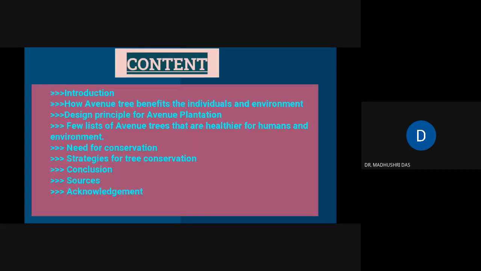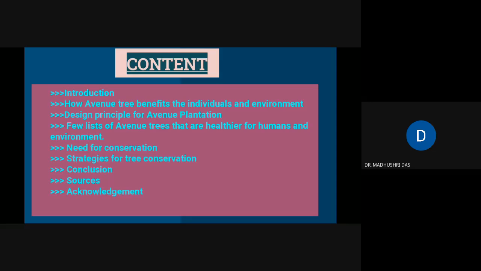My contents are an introduction to avenue plantation, how avenue trees give benefits to human beings and the environment, some basic rules for avenue plantation, and a list of avenue trees which are healthier for humans and the environment, and why there is conservation for avenue trees, and some basic strategies for how we could conserve trees. And lastly, I will be dealing with the whole text summary which is conceptualized in the conclusion.